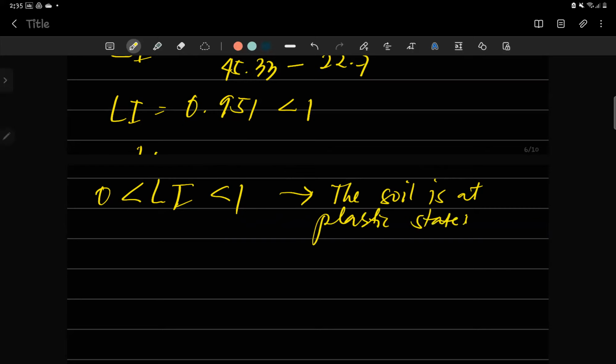So with the value here, 0.951, this means that our soil is at plastic state.